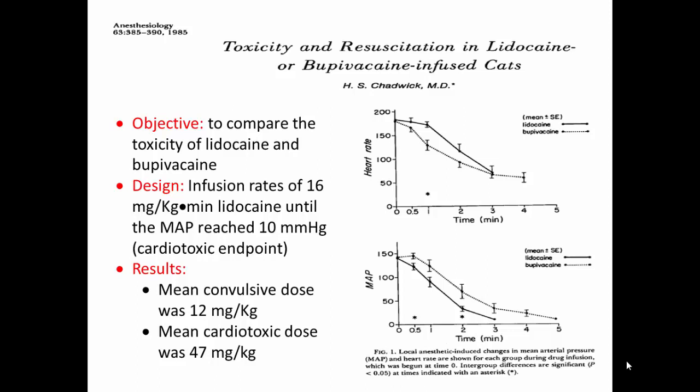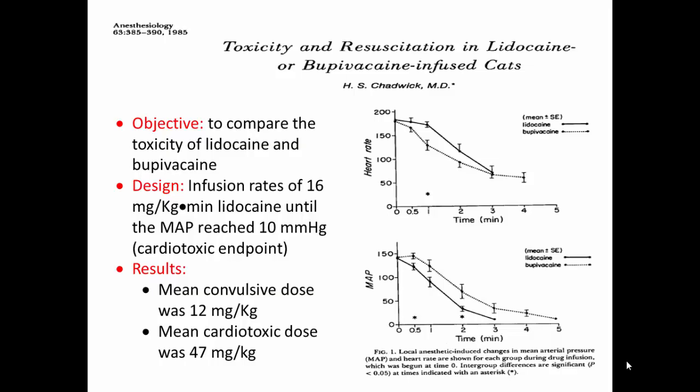So the conclusion of this study was that the mean convulsive dose of lidocaine was 12 milligrams per kilogram, which is about 3 to 4 times lower than the cardiotoxic one. In other words, you may see tremors and convulsions or seizures before you see major changes in heart function.